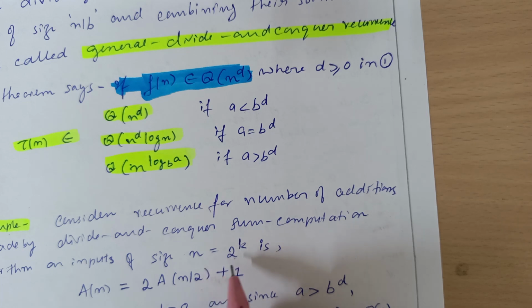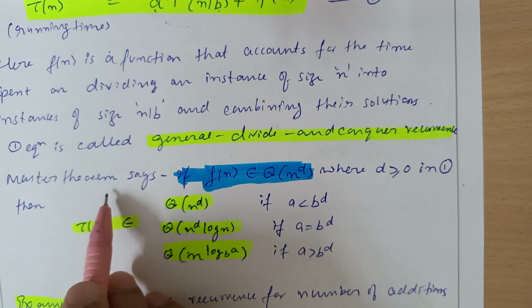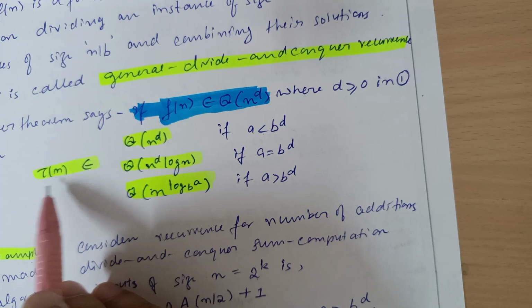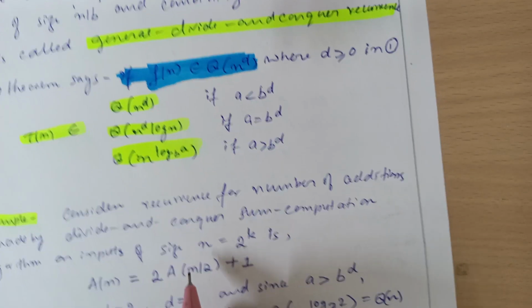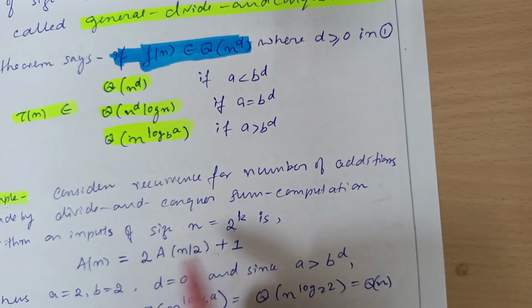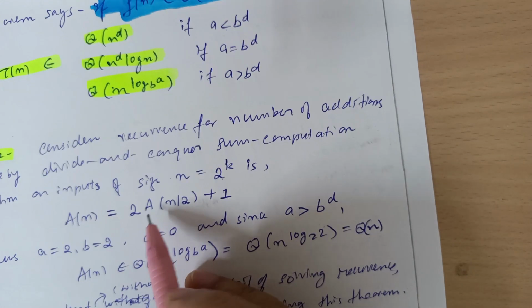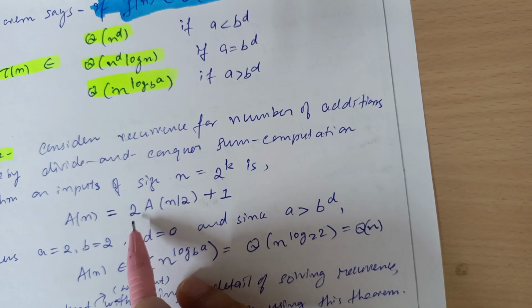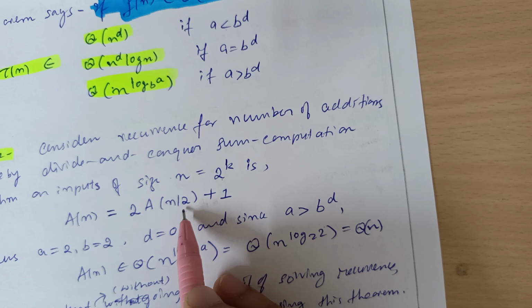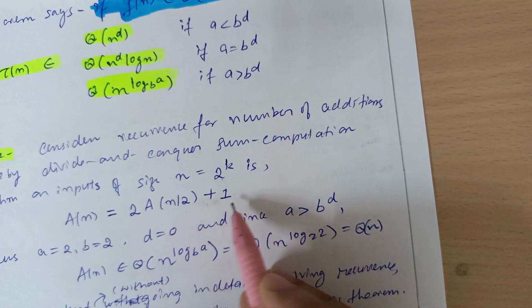Now, without solving recurrence relations, how can we compute the time complexity of this sum problem using the master theorem? Addition of n instances is equal to how many partitions in the first iteration? 2 partitions of size n by 2, plus 1.